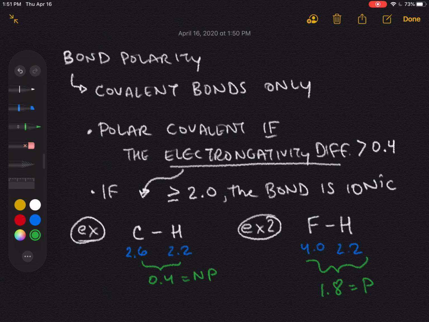If there are no polar covalent bonds present in a molecule, spoiler here, it's nonpolar. If there are polar covalent bonds present in the molecule, it might be polar. And so you need to consider the three-dimensional structure of it before you can make that conclusion about whether or not the molecule is polar.